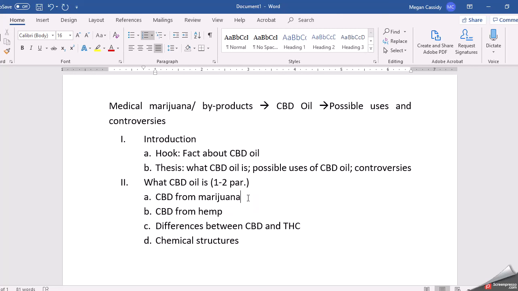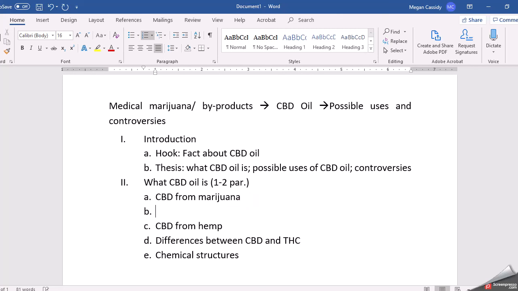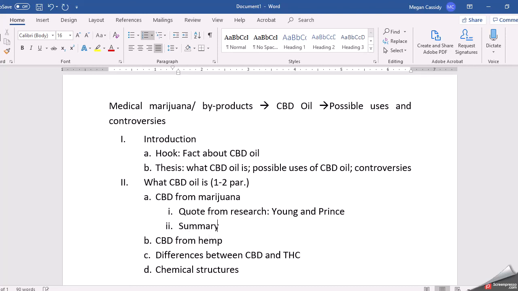Then let's say here I'm going to use a quote from my research, and I tell myself which one that is. So this is going to be from Young and Price, or Prince, I guess. And then let's say I have another one, a summary of Young and Prince.